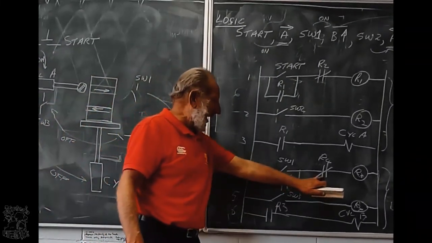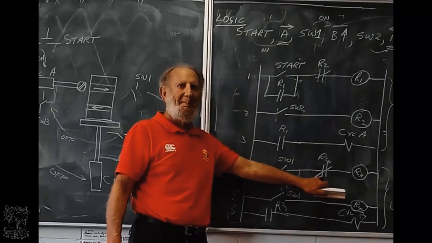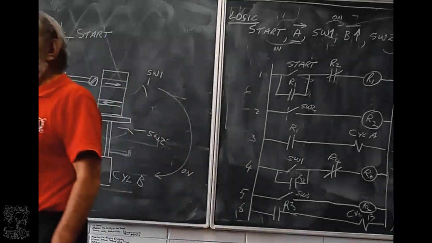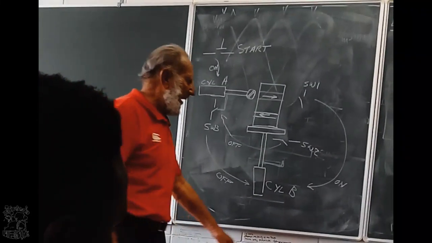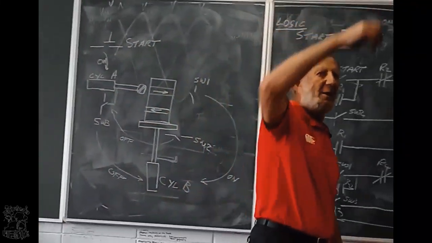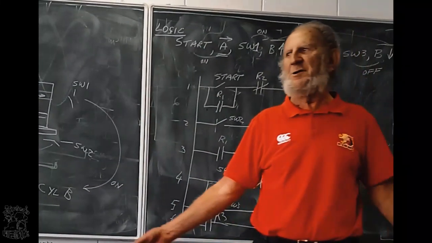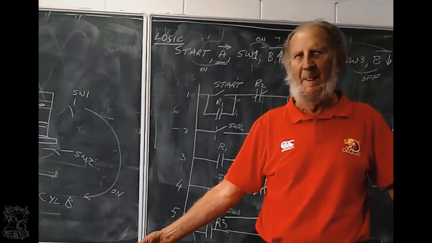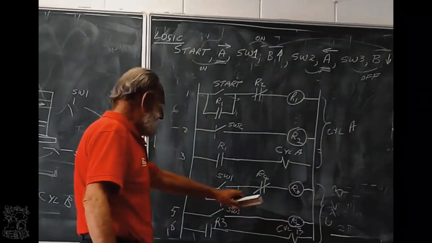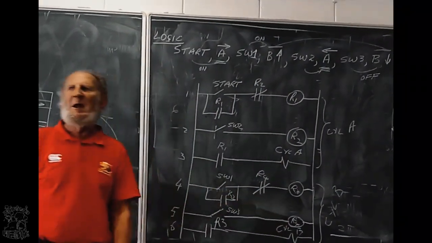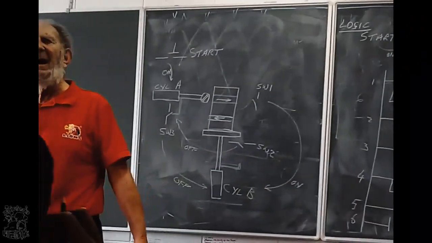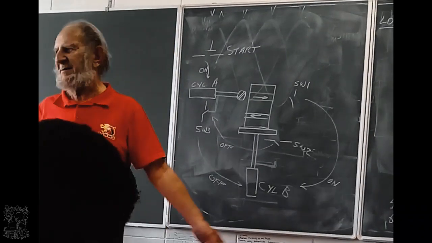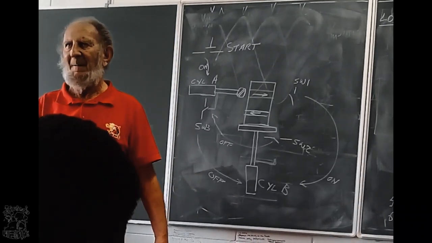If this contact stays closed all the time, relay 3 cannot lose power, and if relay 3 doesn't lose power, cylinder B will stay on top. It's going to complete the job, but B will stay on top. It's not going to come back down. If this stays open, relay B cannot get power. It will only cut the first groove, and A will stay on the right-hand side. He cannot get power.